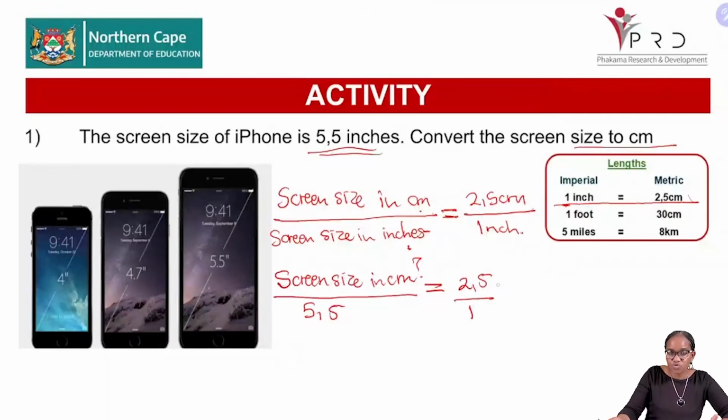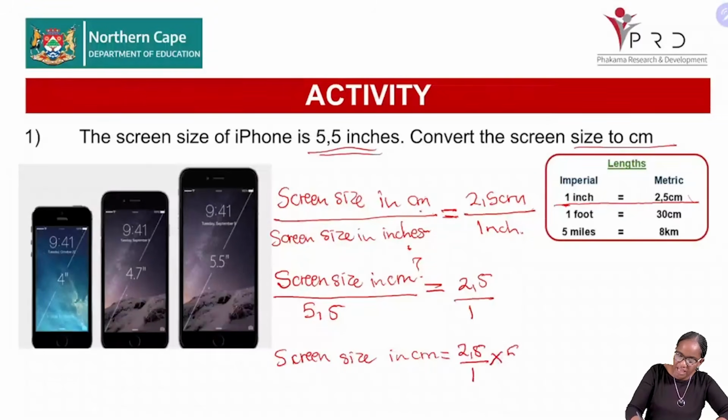Right. You know this from your earlier grades. So we are dividing by 5.5. So the inverse will be to multiply both sides by 5.5. Multiplying both sides by 5.5 will give us the screen size in centimeters being equal to 2.5 over 1 times 5.5. Punch that in your calculator, learners.